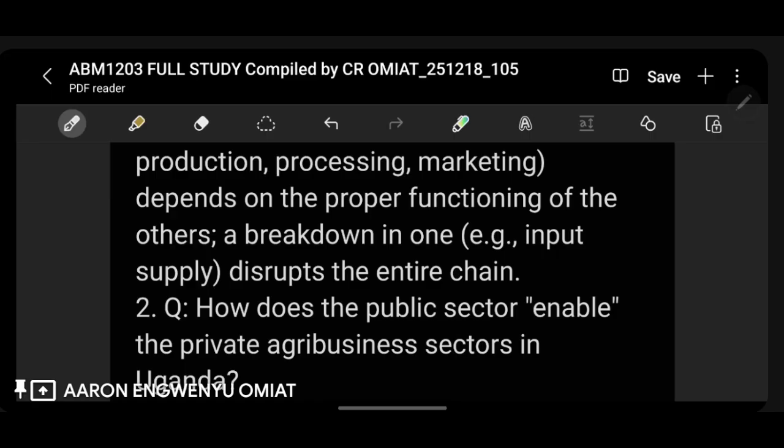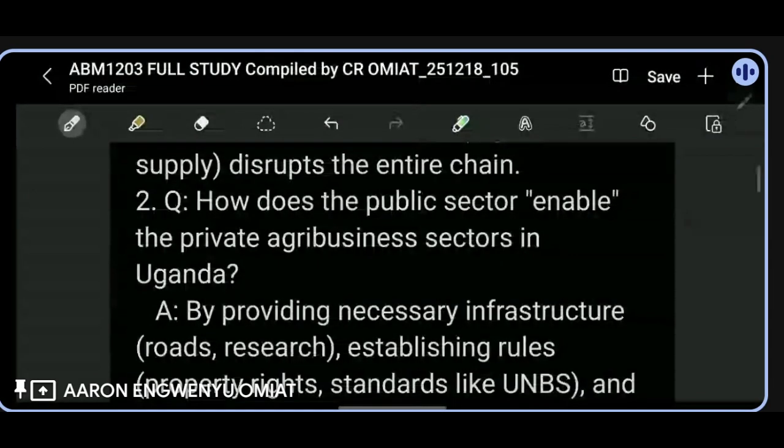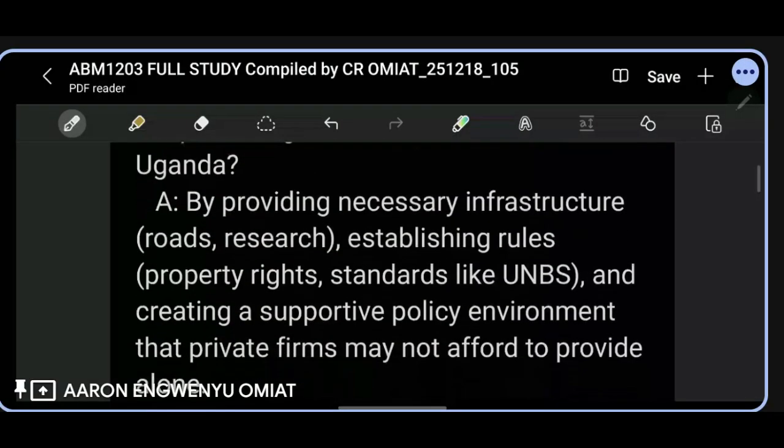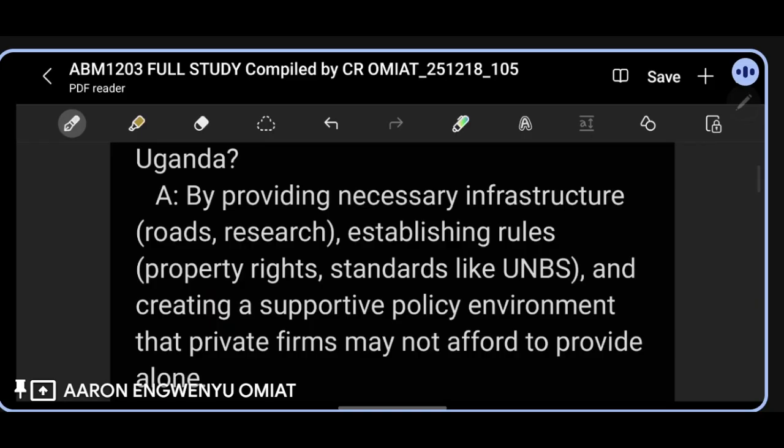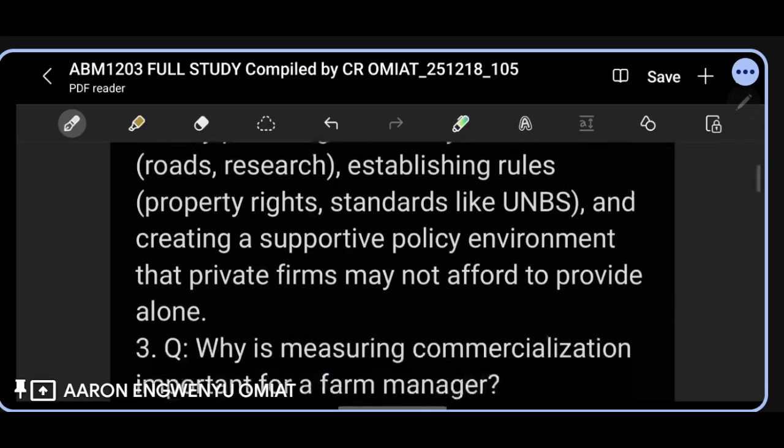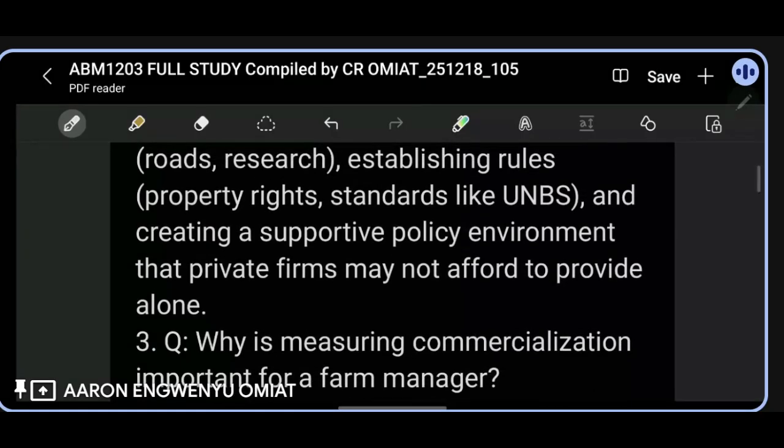Rules govern production. So by providing the necessary infrastructure, roads and research, establishing rules like property rights and standards like UNBS, and creating a supportive policy environment that private firms may not afford to provide alone. The example is the government gives us roads.